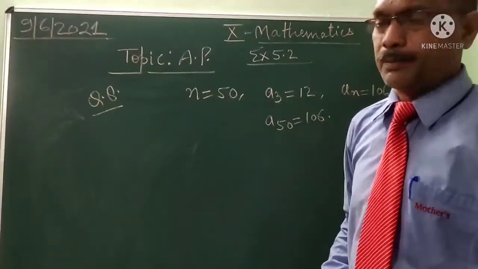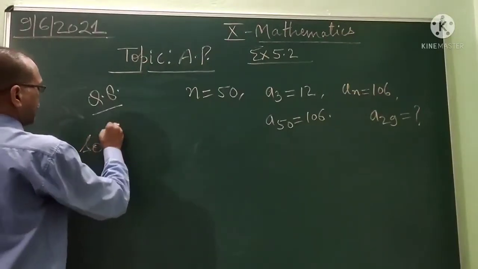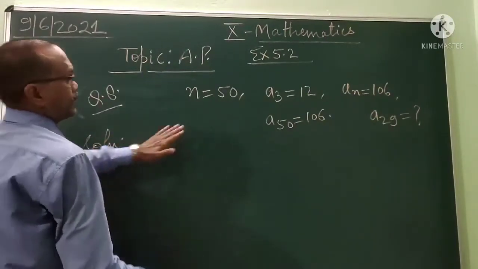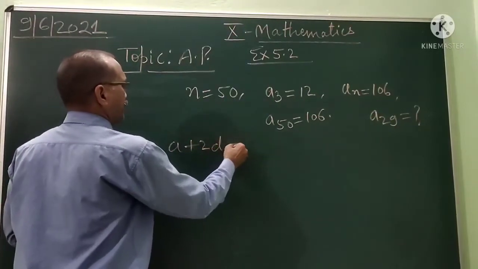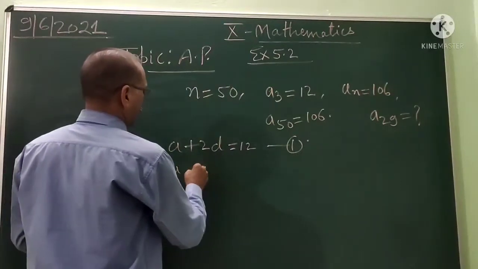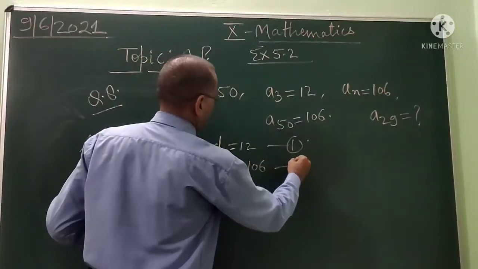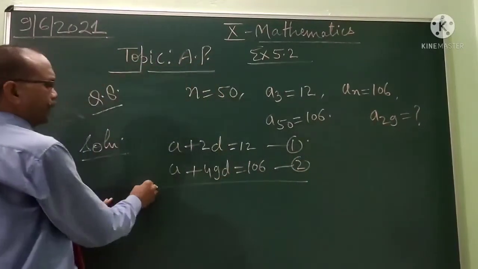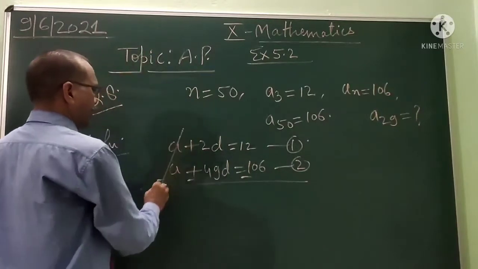It is quite a similar question, same as question 7. Let us see the solution. The third term is a plus 2d. a plus 2d is 12. It is equation 1. a plus 49d equals 106. It is equation 2. Now subtract, minus, minus, minus. a cancels.